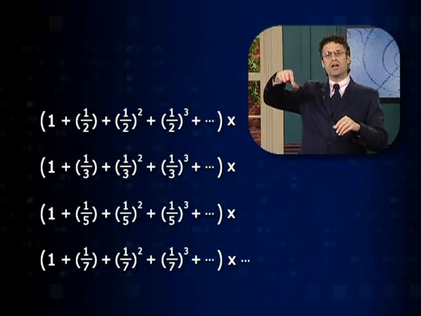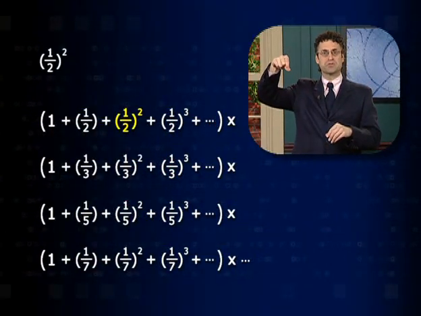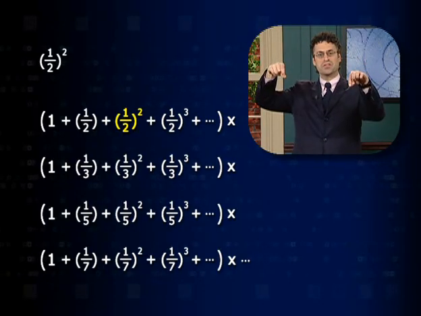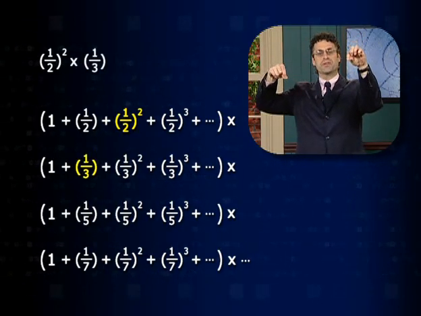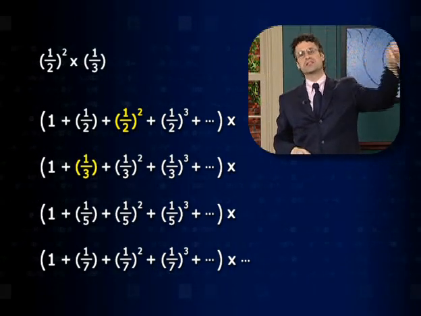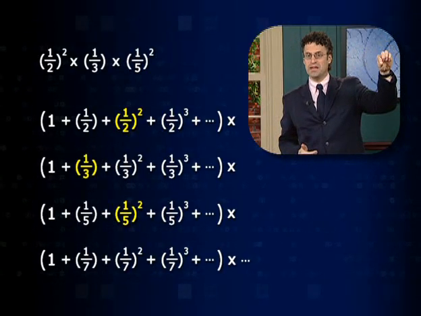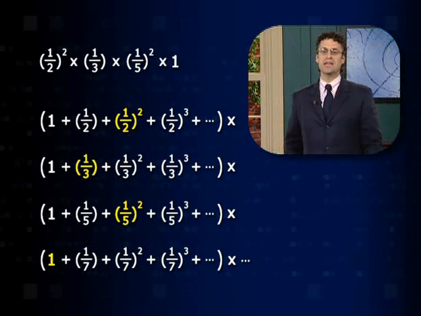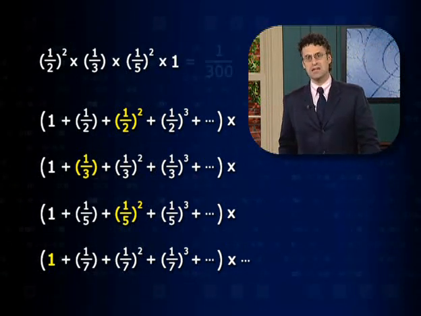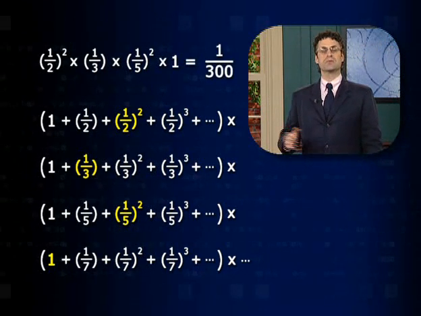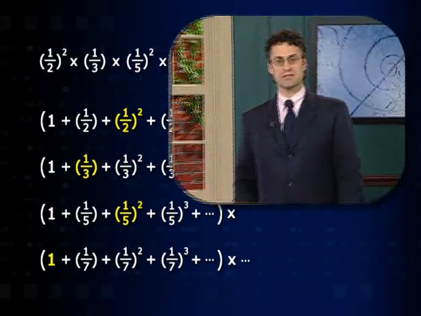Therefore, we would pluck a fourth out from the first series, which is a half squared. We'd pluck the term 1/3 out from the second series, and from the third series, we'd pluck out 1/5 squared, which is 1/25, and then 1's all the rest of the way. And notice that that product is indeed 1 over 300. So we would add that in with the mix.